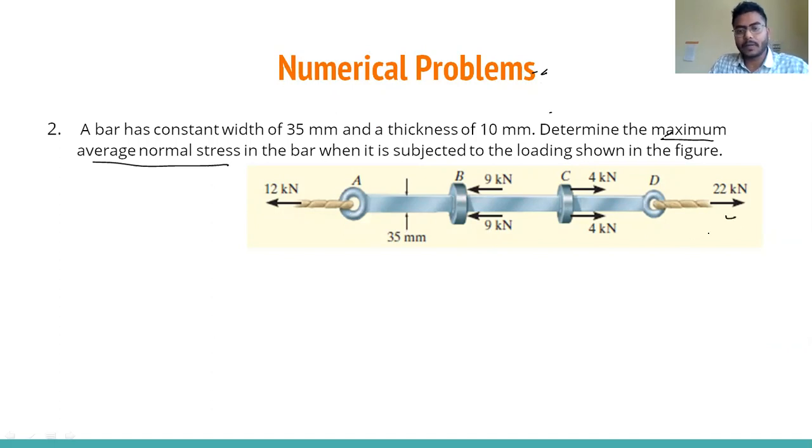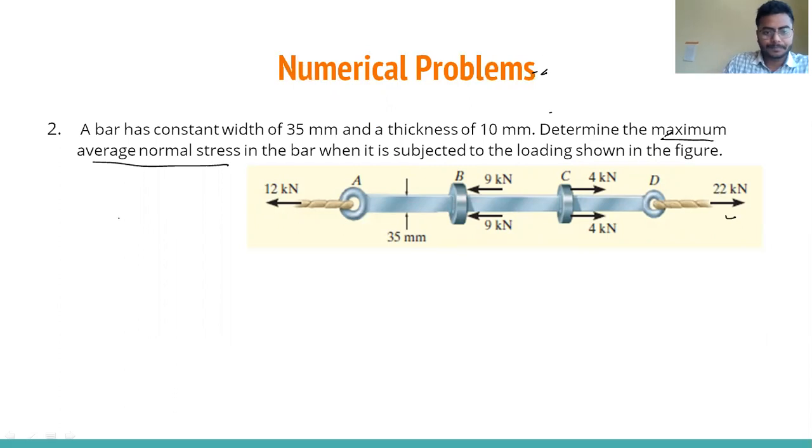So first we have to calculate on this section. You can divide the whole bar into 3 segments like AB, BC and CD, and let's calculate what pulling or pushing forces are acting on segments AB, BC and CD. Then we can find out the normal stresses. Then we will see what the maximum normal stress is, right?